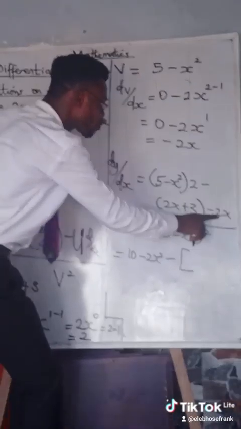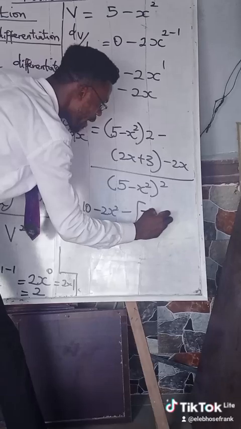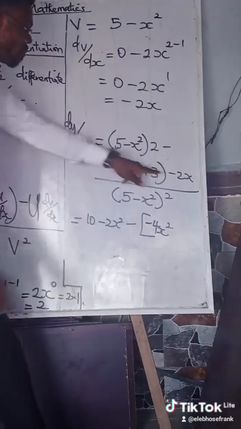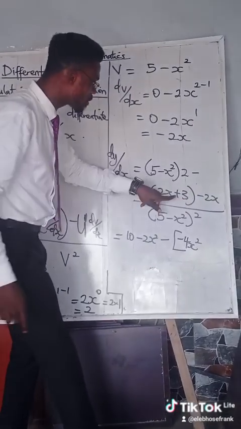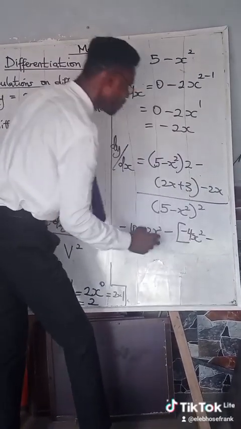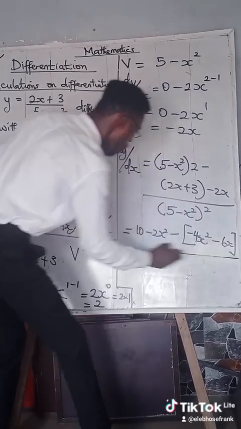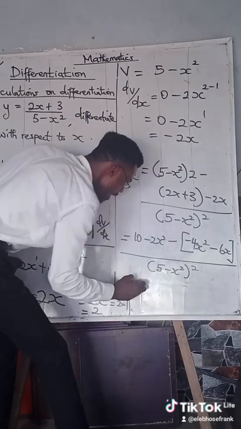So −2x times 2x gives −4x², 2 times 2 is 4, x times x² . Then −2x times plus 3. Minus times plus in mathematics gives minus, so 2 times 3 gives −6x. Over (5 − x²) squared.